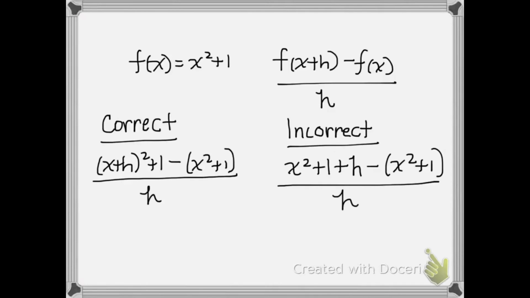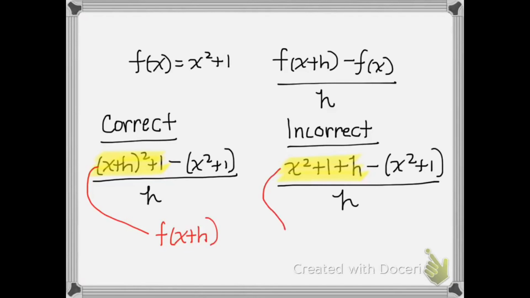So just look at this and see the difference between the correct version here, that first part, the f of x plus h is the part that students get incorrect, and then here. And the way I'm looking at it, I don't know if this is how students are thinking about it, but see this first one here, this is f of x plus h, which is what it's supposed to be.